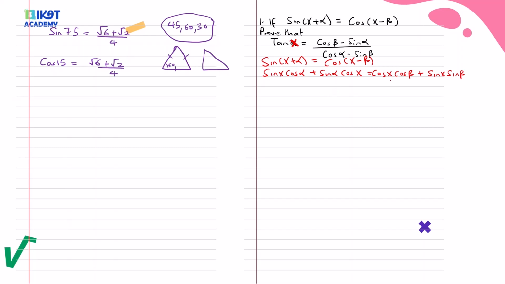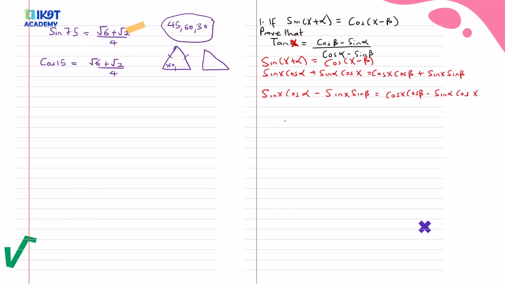So for sine x, I'm going to bring the other term to this side. This is sine x cos alpha minus sine x sine beta, and this is equal to cos x cos beta minus sine alpha cos x.